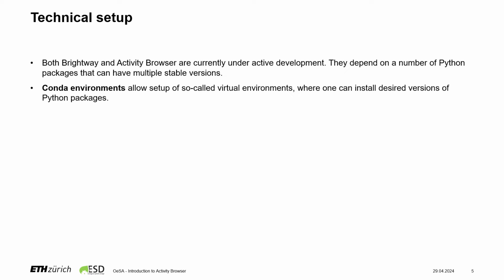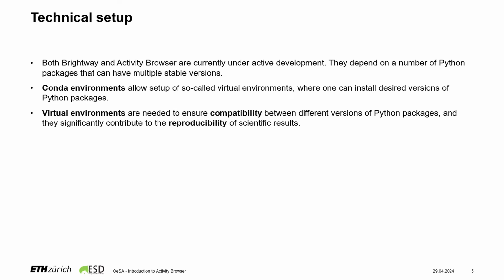So you shouldn't have any conflicts or any problems in running your code if you consistently use the same virtual environment for the same software. They are basically needed to ensure compatibility between different versions of Python and Python packages, and they contribute to reproducibility of results. In this course, we will use Activity Browser and Conda environments.